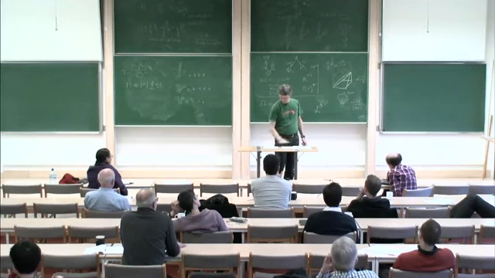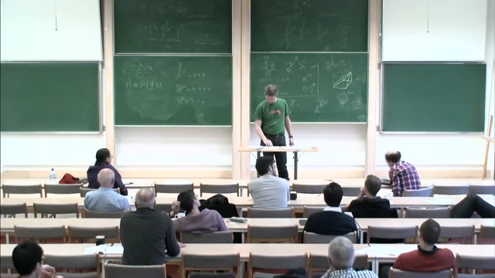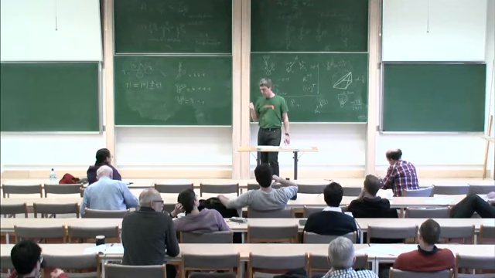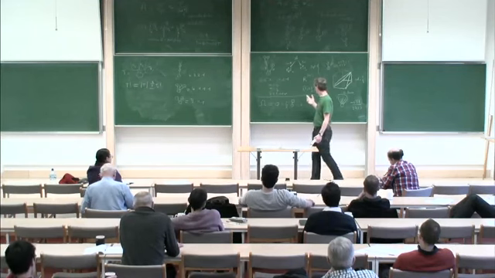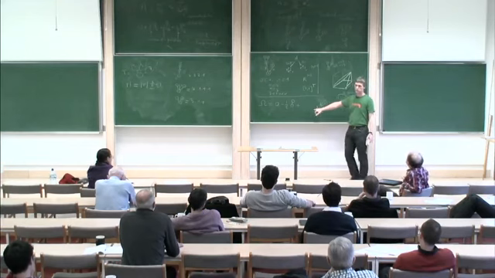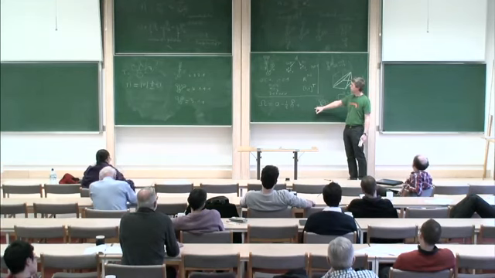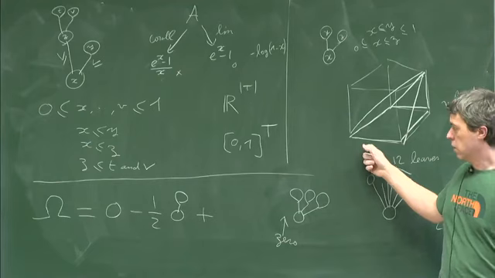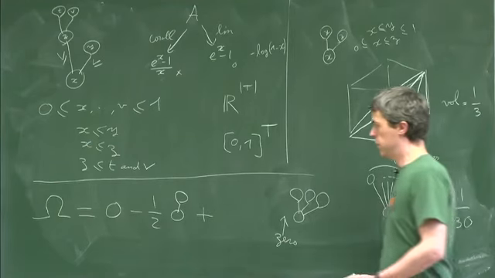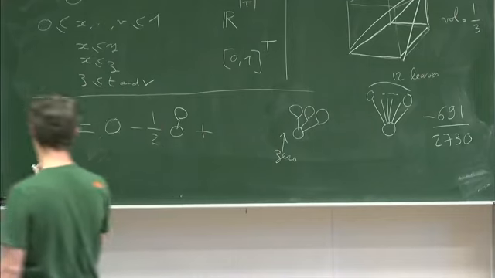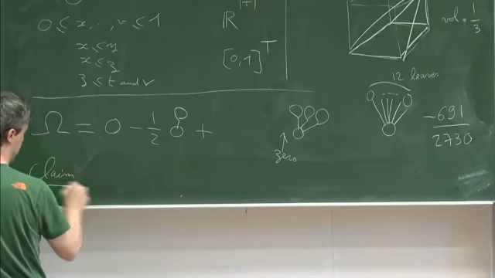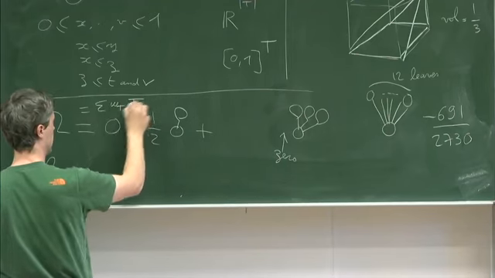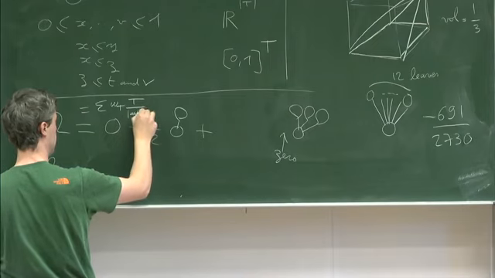Well, I have a few more things to say, and let me try to summarize. So we have some other way to compute these coefficients. These coefficients can be obtained by doing something with a polytope. So maybe I just write the statement and I will not explain everything. Let's write the sum of omega t over t.